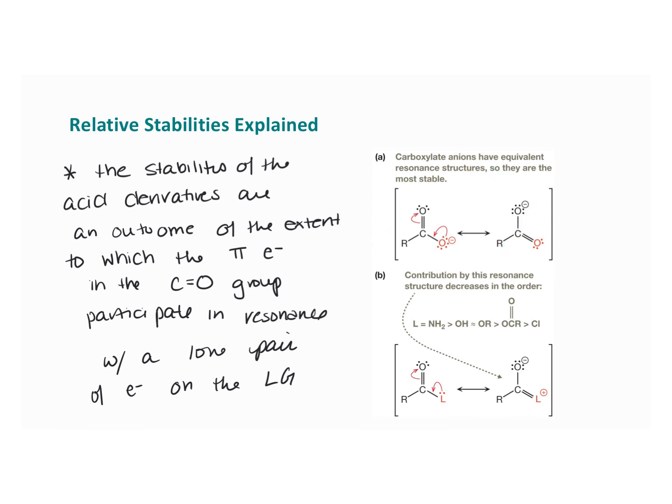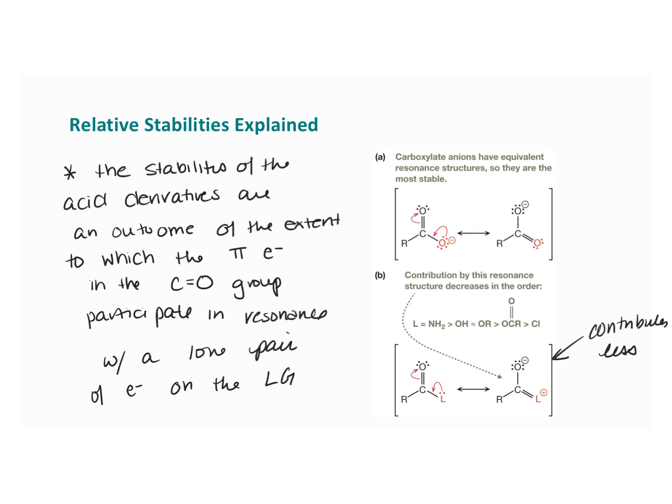For the uncharged carboxylic acid derivatives, the second resonance structure, which is shown here, where L can be any one of these, contributes less because it has both a positive and negative formal charge, right? So we end up with a positive here and a negative here, and so this just contributes less.